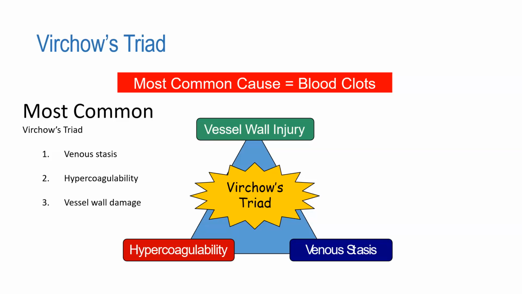That means that the blood is sitting and it's going to be much more likely to clot. That's number one. Number two is hypercoagulability. Typically, hypercoagulability occurs because there's been some exposure of either the protein surface of the endothelium to air or to fluid, and that actually stimulates clotting.